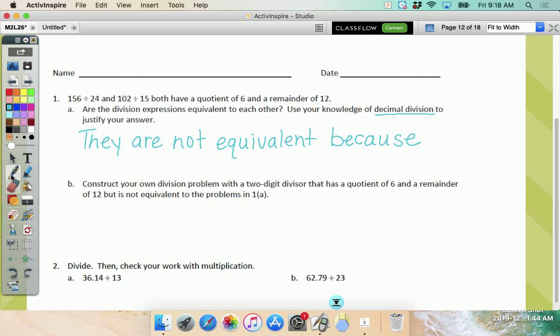Okay, so you're saying 6 and 8/10 is larger than 6 and 5/10, and we know they're not equivalent, but here's what I'm going to say. I want you to use decimal division in your answer.